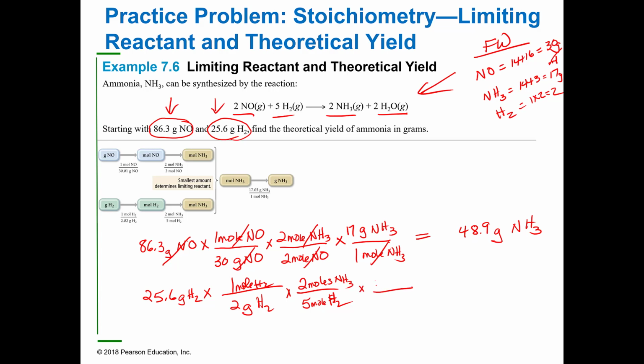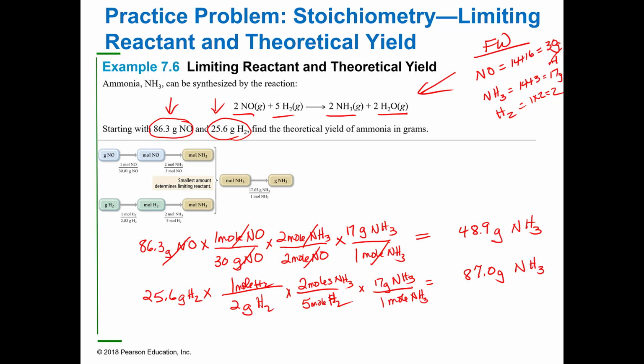And then this is the same because the molar mass of NH3 is still the same. And that ends up giving me 87.0 grams of NH3.